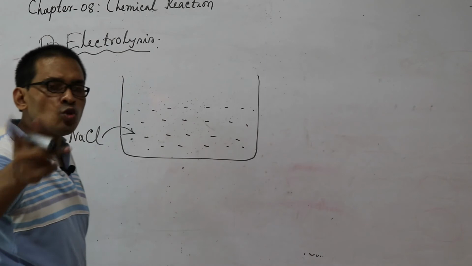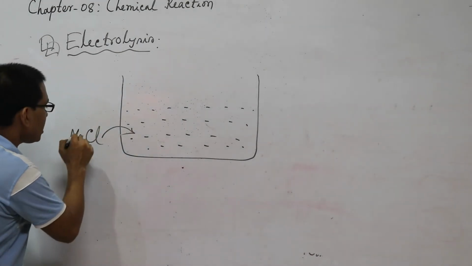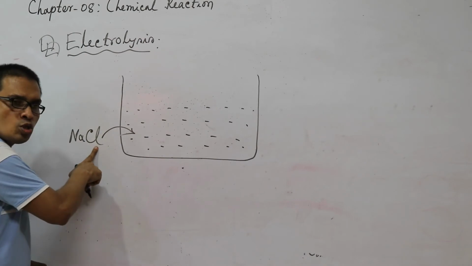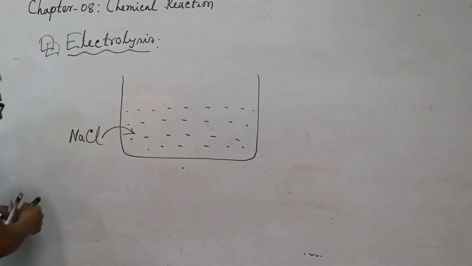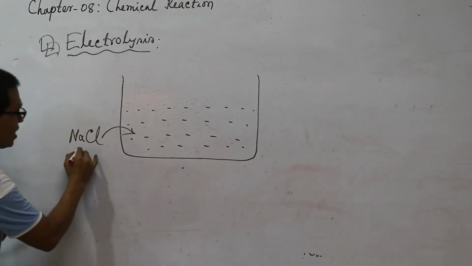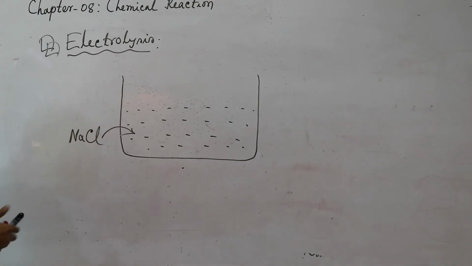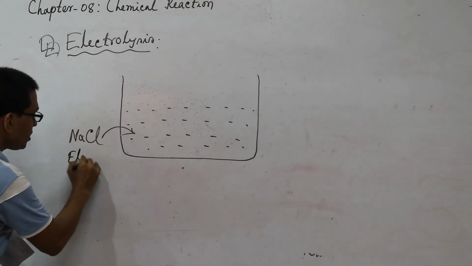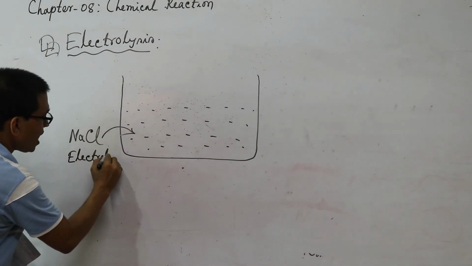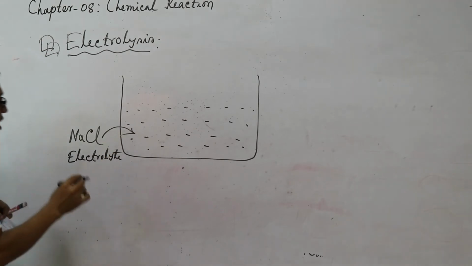So this process will be considered as electrolysis, and the substance which is used in electrolysis is known as electrolytes.